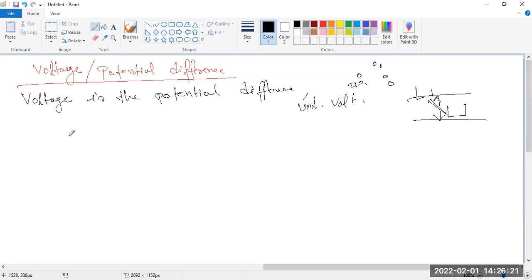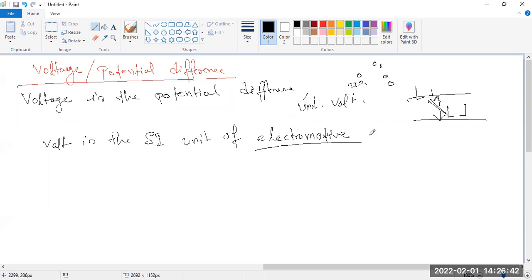so this is a SI unit. Volt is the SI unit of electromotive force. I think you all know what is electromotive force, the EMF concept, I think you have.